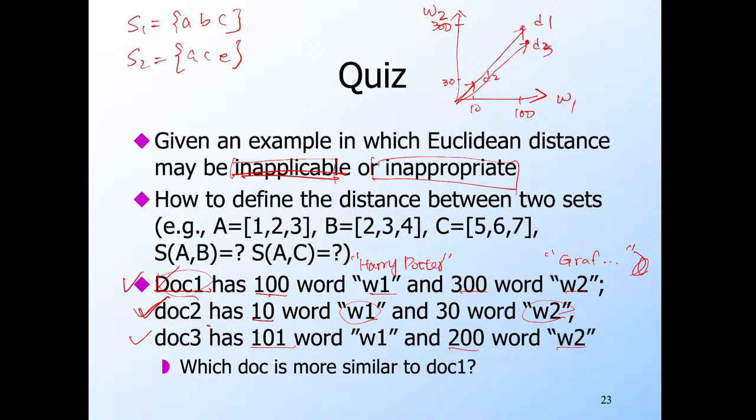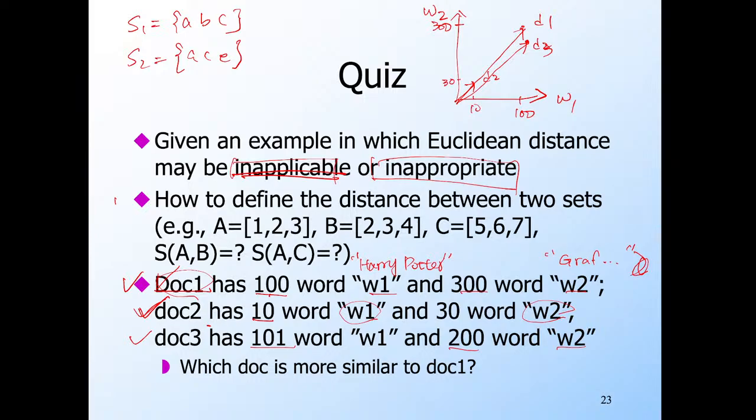So using different similarity measures, you end up with different results. Depending on your application domain, you may need to use different similarity measures. Whichever is more appropriate depends on your application domain. In the NLP domain, usually cosine similarity is more widely used.